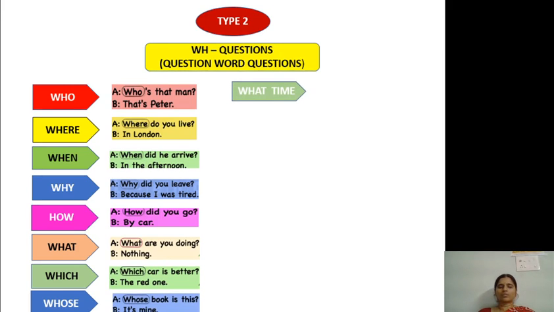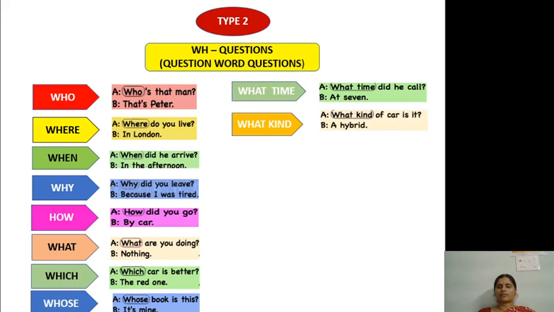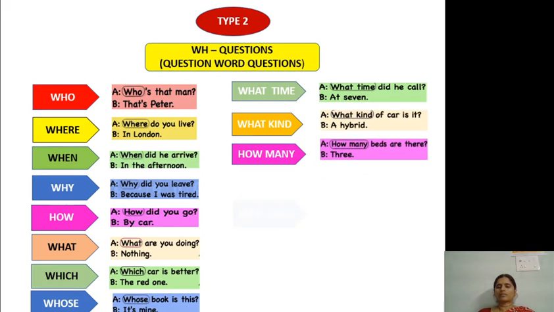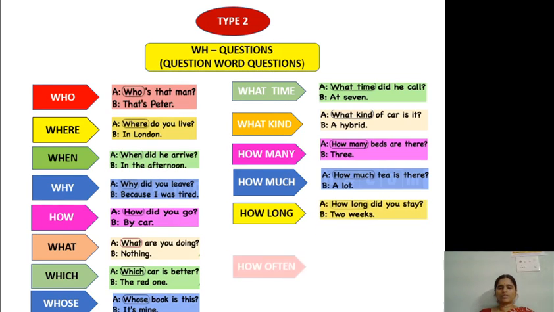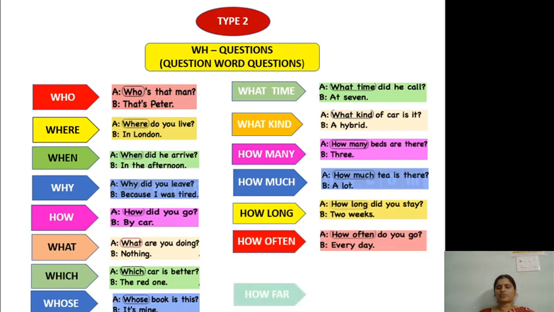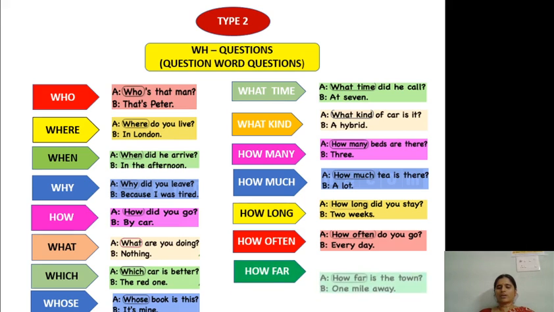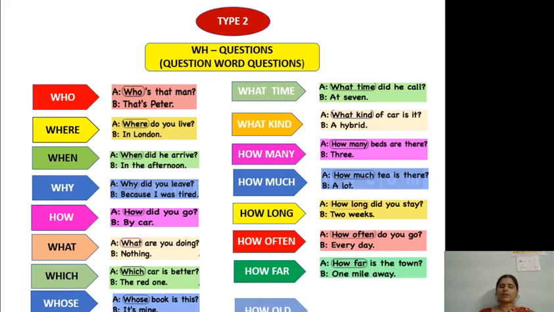What time is also a reference to time, what kind is a reference to kind, and then how many and how much. These two refer to quantity, but how many is used with countable things and how much is used with uncountable things. How long refers to duration, how often refers to frequency, how far refers to distance, and how old refers to age.